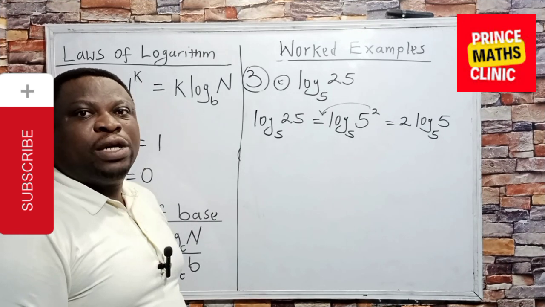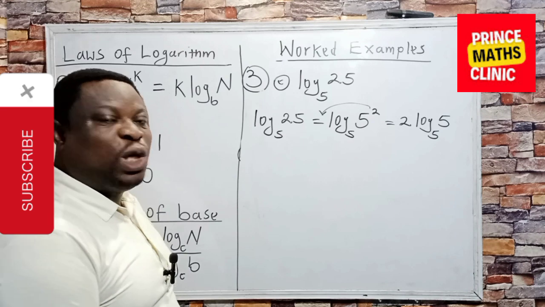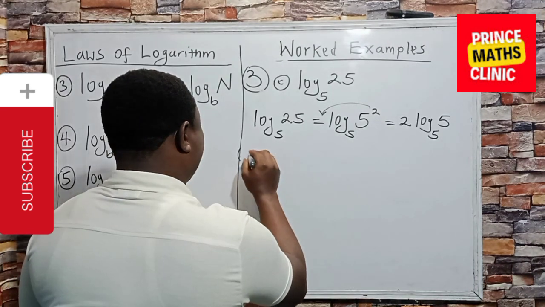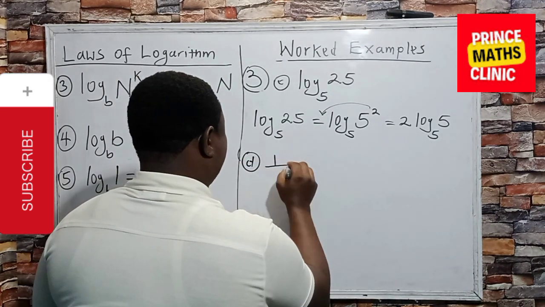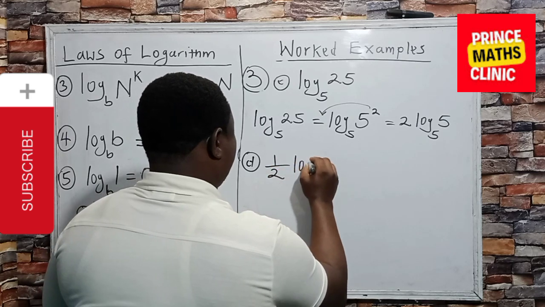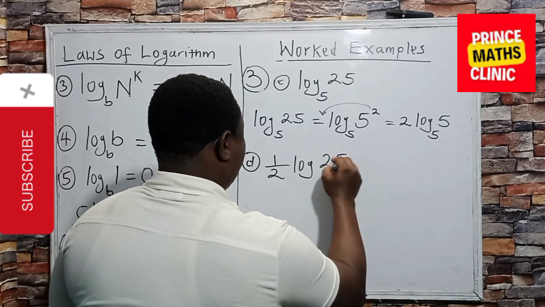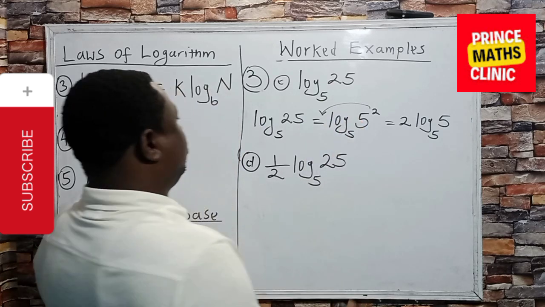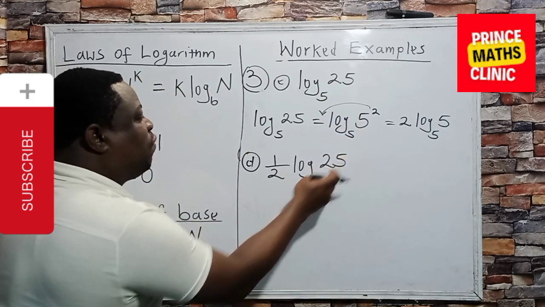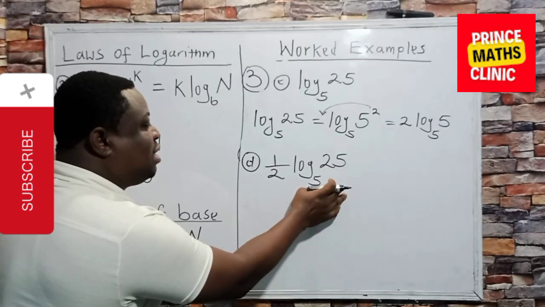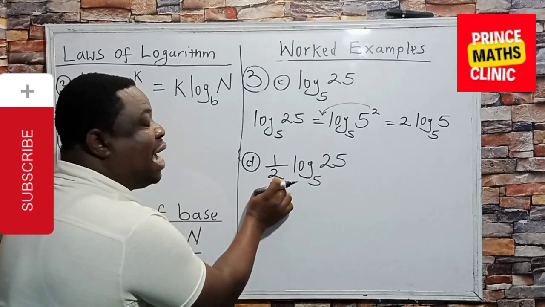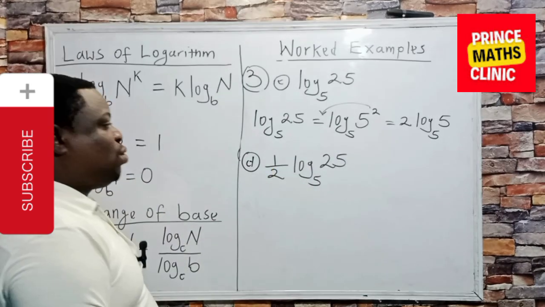Now let me take one more example. What if I have a situation like this? Interesting. Now log 25 base 5 is here, then it's being multiplied by half, which is 1/2.